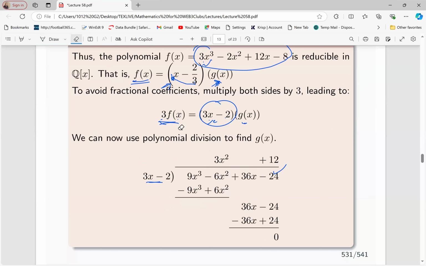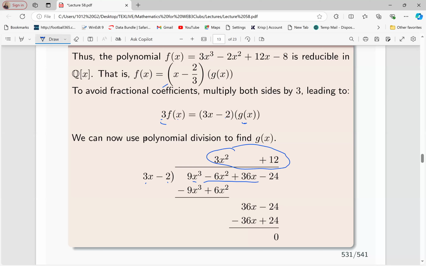I've already done that; you can try it in your own time. You'll find that 3x minus 2 goes into this polynomial this number of times, and the remainder is 0.